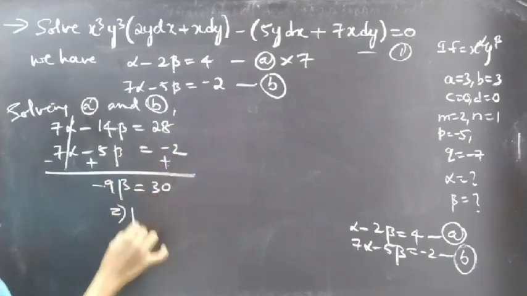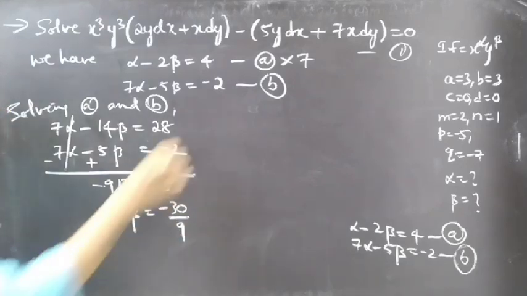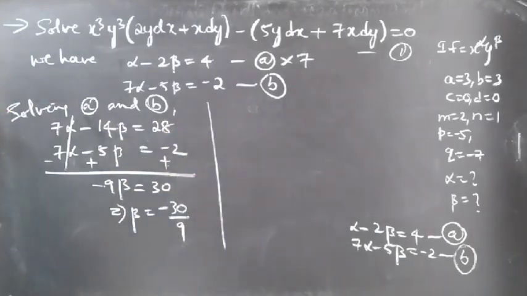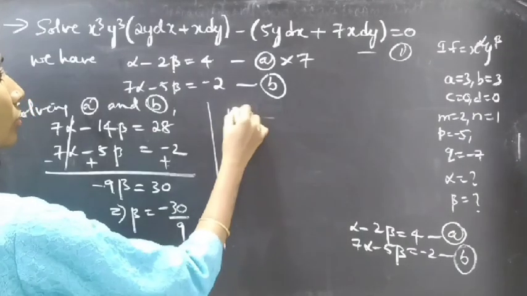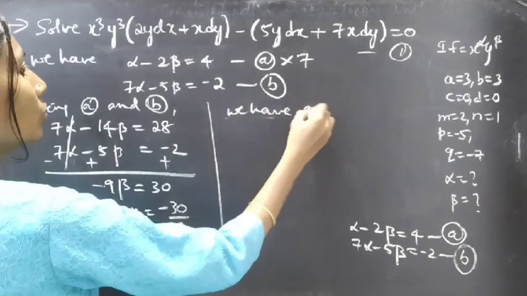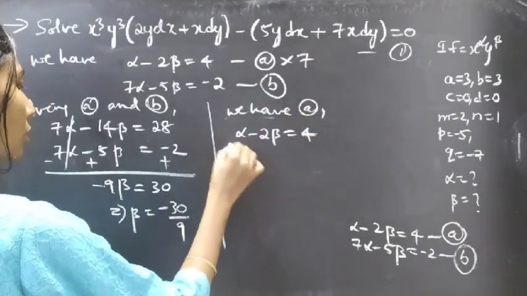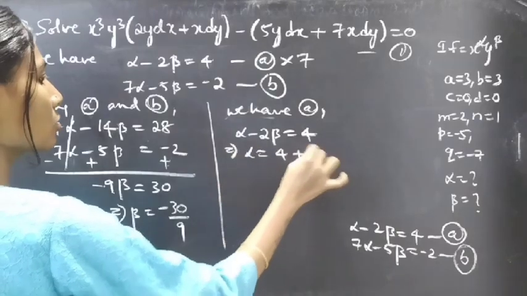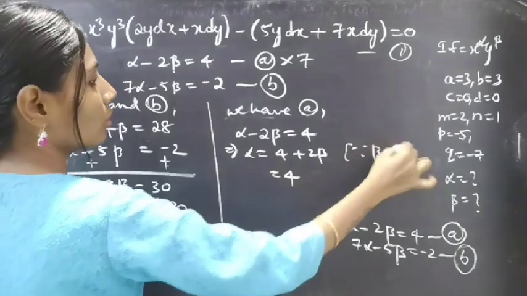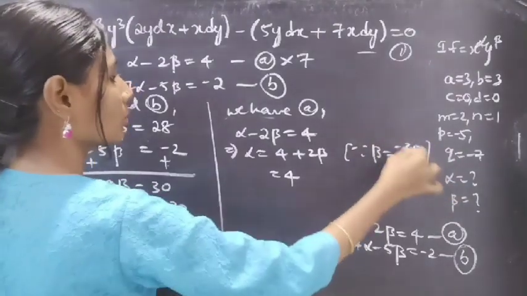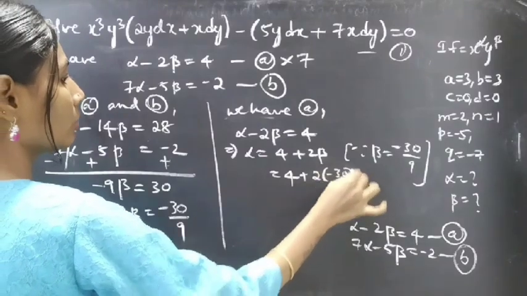From this we'll get beta equal to minus 30 by 9. Now substitute the beta value in any of these two equations. I'll consider the first one, equation A, alpha minus 2 beta equal to 4. I'll write this as alpha equal to 4 plus 2 beta. Now I'll substitute the value of beta, which is minus 30 by 9. This gives us 2 into minus 30 by 9.